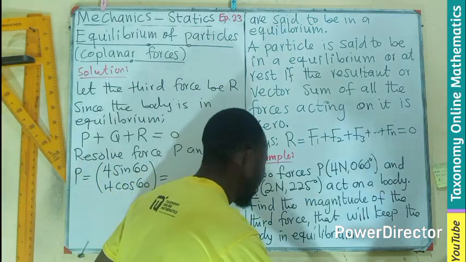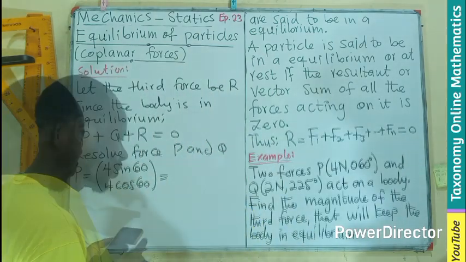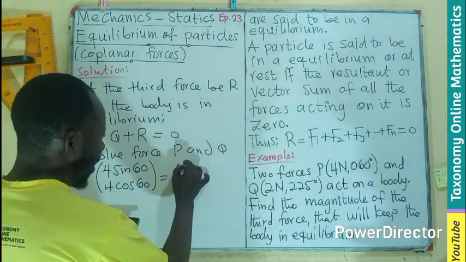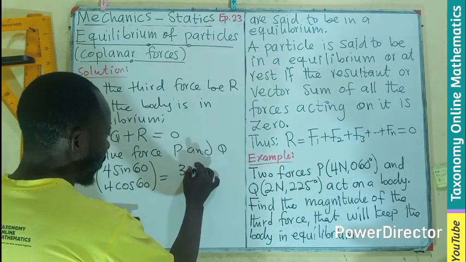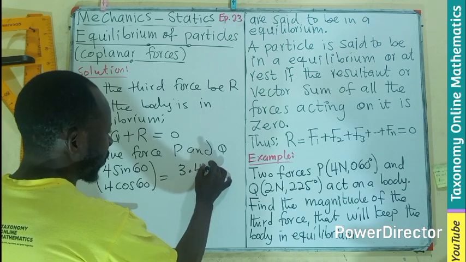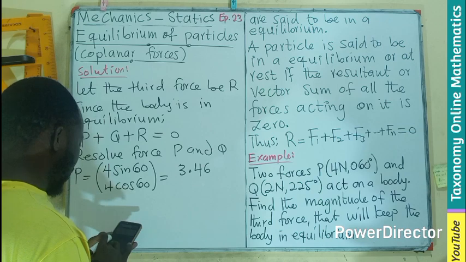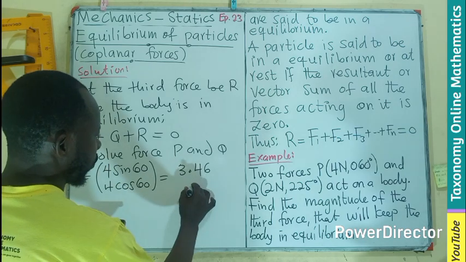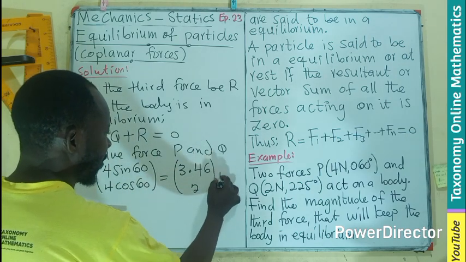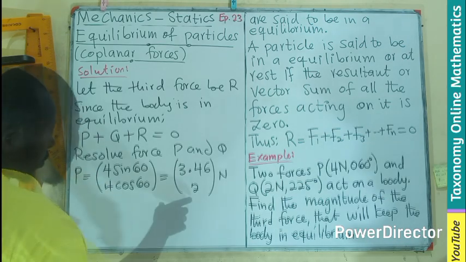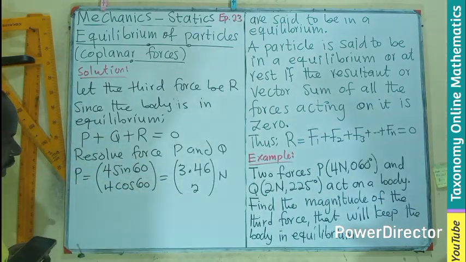Sine 60 times 4 will give you 3.46. Then the second one, which is 4 cos 60, will give you 2. This is in Newton.